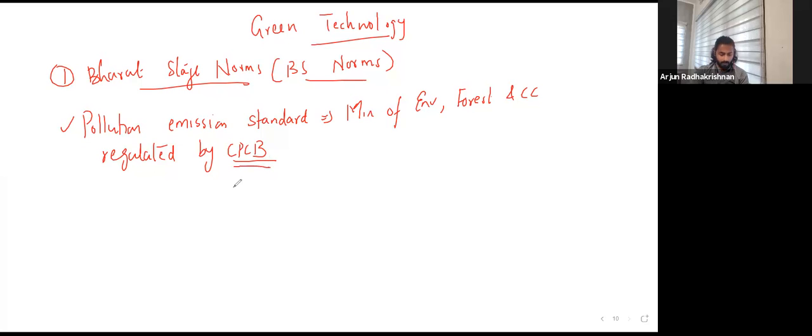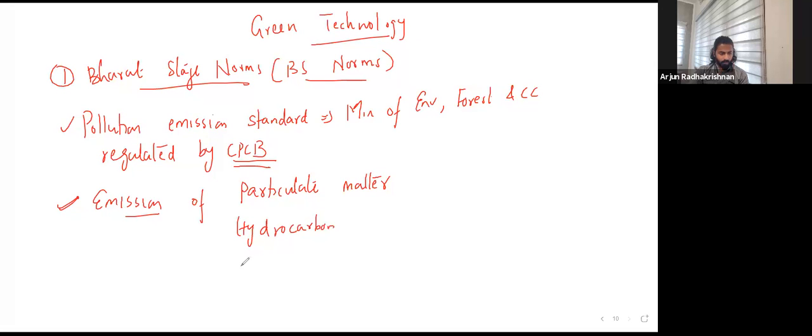Regulation is done based on the emission of particulate matter, hydrocarbon, nitrous oxide, and sulfur oxide.